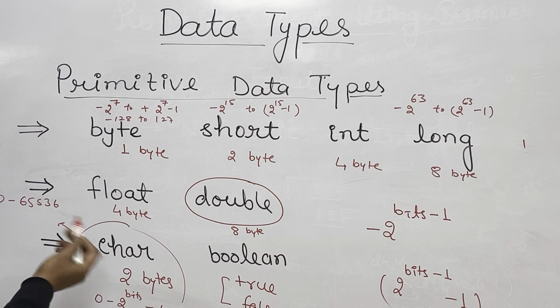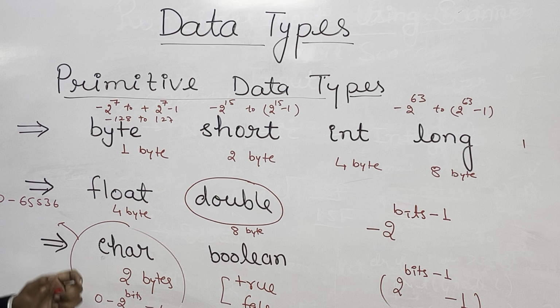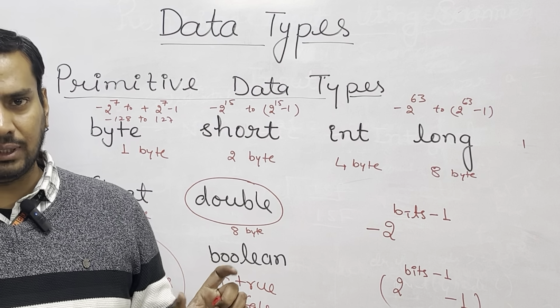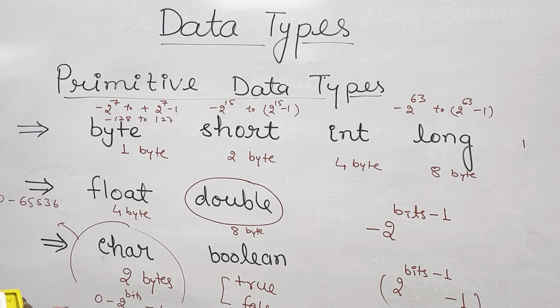I think it is minus 1. So if I write char c is equal to 'A', that is okay.